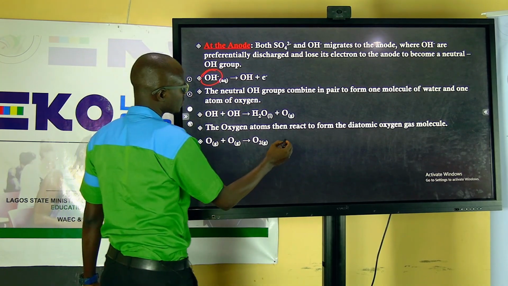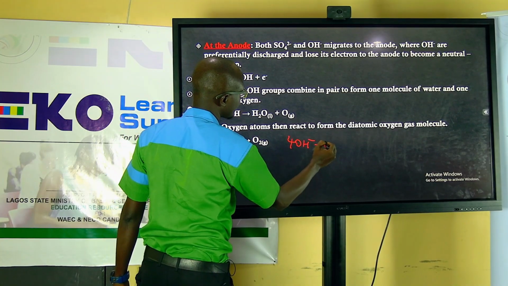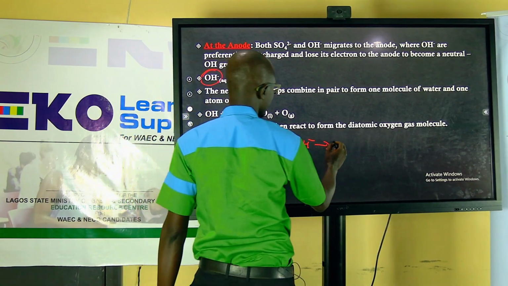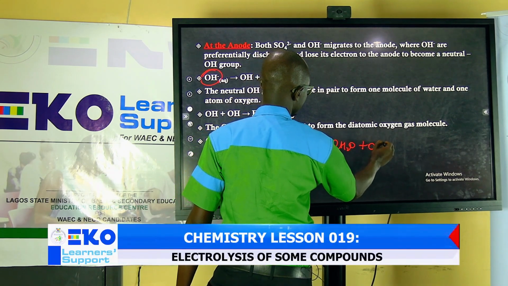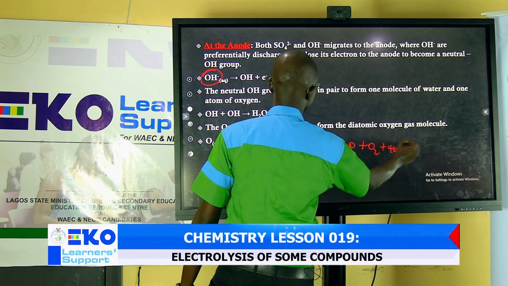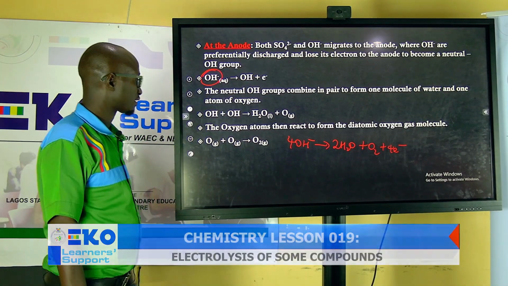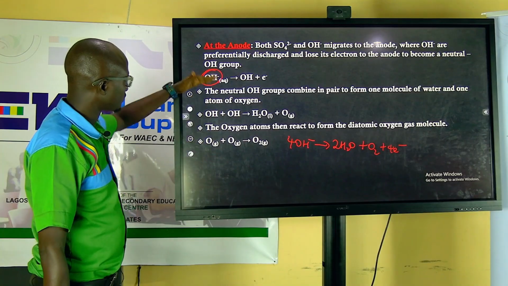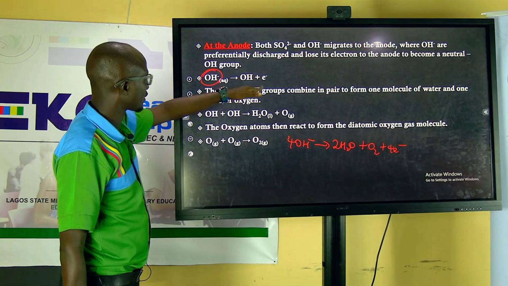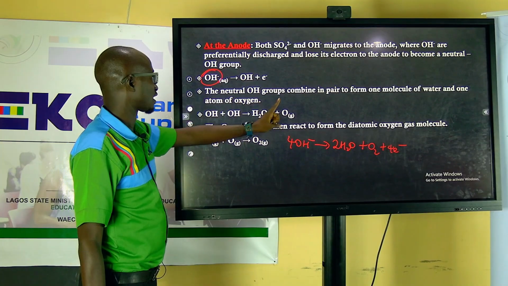The reaction can also be summarized like this, for OH- to give us oxygen. So the reaction can also be summarized like that, but these are the steps in breaking it down. OH- gives you OH. OH plus OH gives you water plus 1 atom of oxygen.